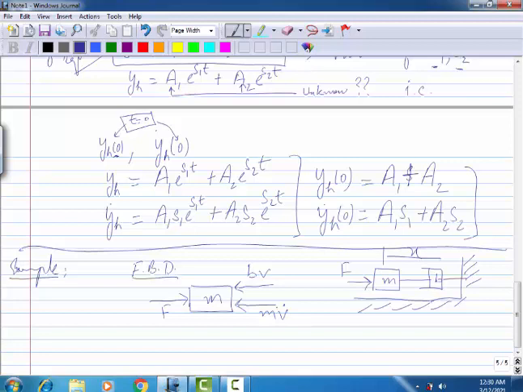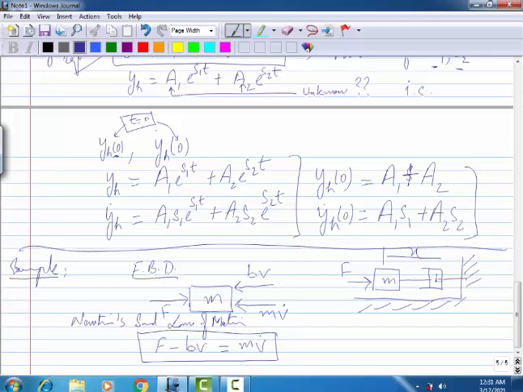Now if I apply Newton's second law of motion, the sum of forces equals ma, so it becomes F minus bv is equal to m v dot. This is the equation I am getting for this dynamic system.